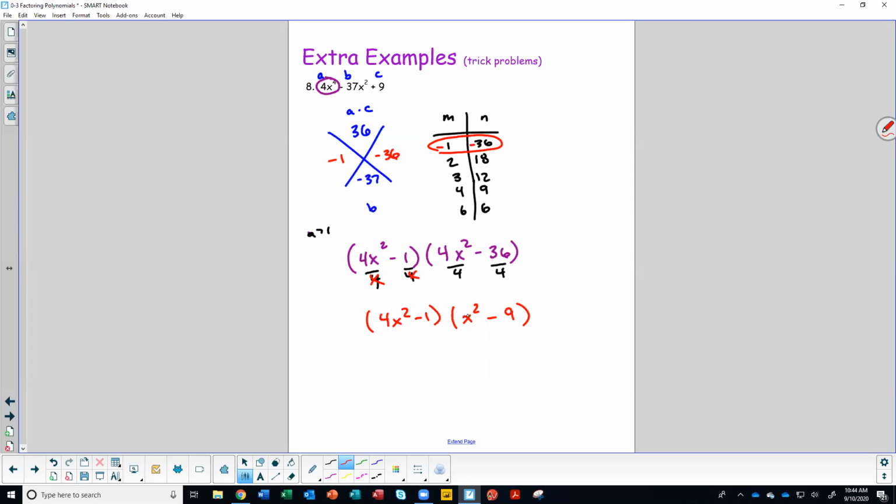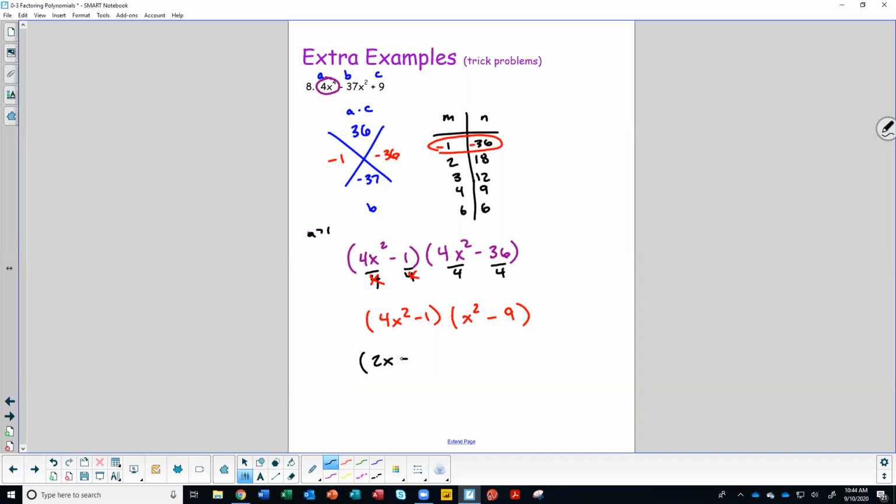Now I'm going to blow your minds real quick. Since these are squared, you could actually simplify these both again. This is the difference of squares. It's kind of that shortcut I told you earlier. You could X method this, but for the sake of time, I'm just going to use that shortcut I just told you about. If you're missing a b, so this does not have a b, this does not have a b, you can just take the square root of each. So the square root of 4x squared is 2x.